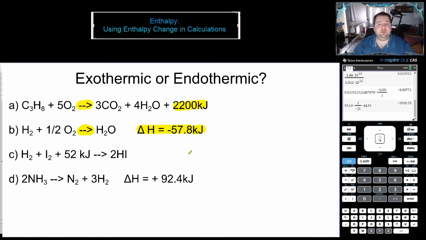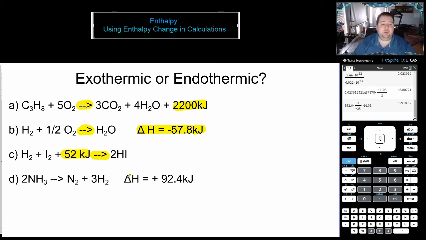Well, if the energy was released to the surroundings, that would make this exothermic. Good. Let's look at C. Here's my arrow. Energy is on the left-hand side. That makes this endothermic. The energy is required to break these bonds to form our products. So this is an endothermic reaction.